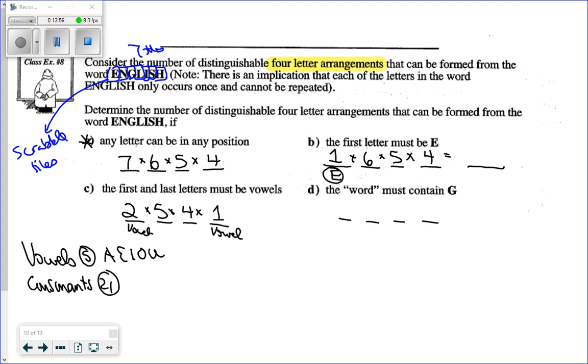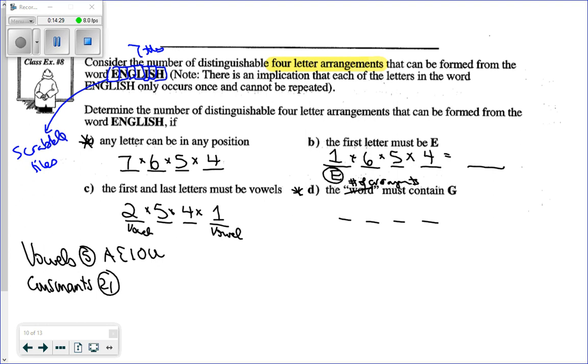Okay, this one's tricky. So the reason why word is in quotations is that what we're doing here is creating 4-letter arrangements. Those arrangements aren't necessarily words. On the diploma, they will say the number of arrangements. They will not say word in quotation because it's not a word that we're making. So all it does, it tells you it has to contain the letter G, but does it tell you what position the G has to be in?